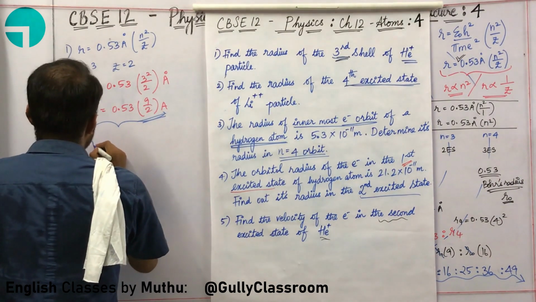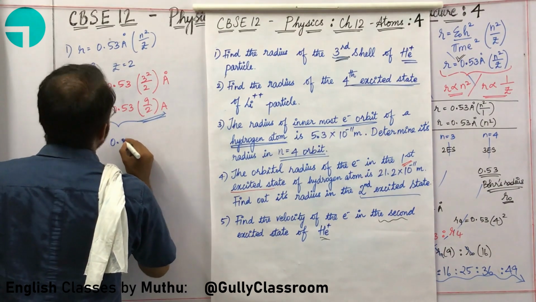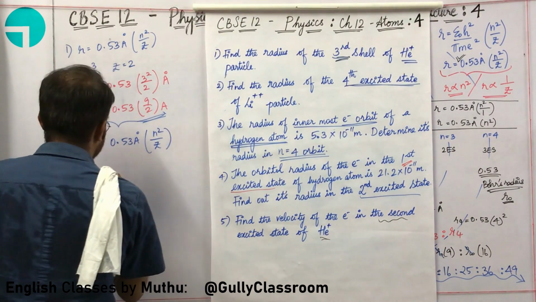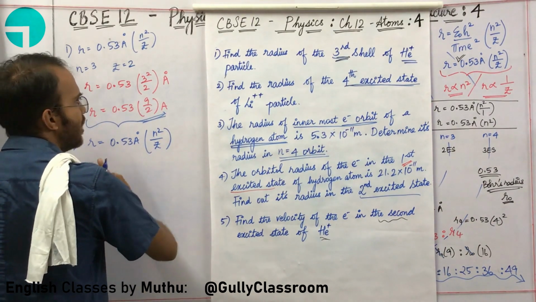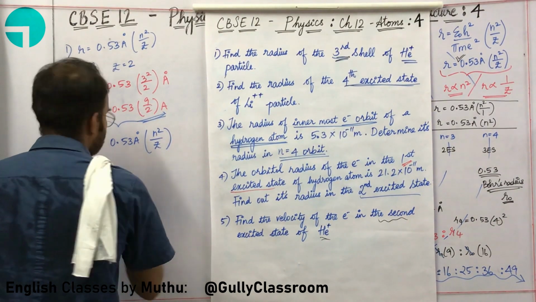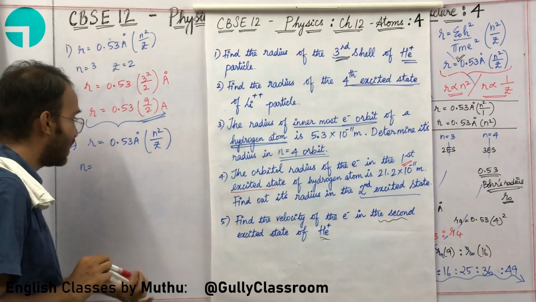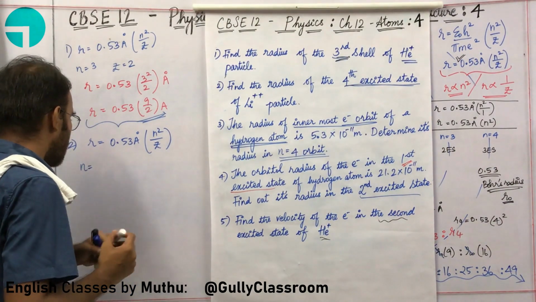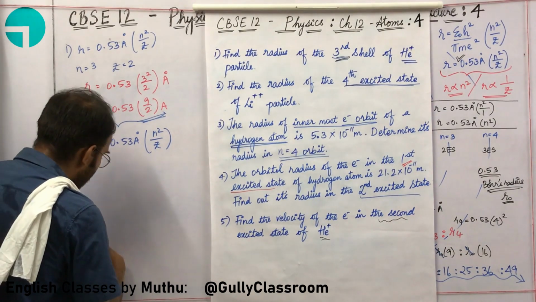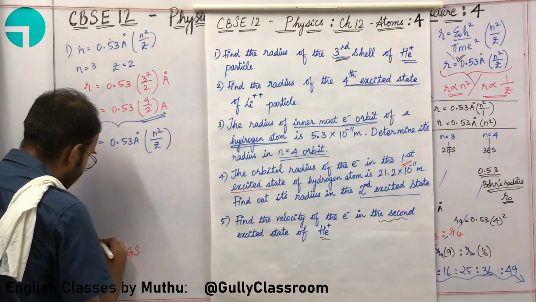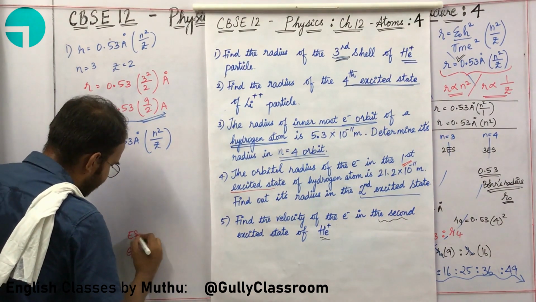Okay, the formula is R is equal to 0.53 angstrom n square divided by Z. What is the value of n here? They are asking for the fourth excited state. Let me try it here. For n equal to 1, we have the ground state. For n equal to 2, you have excited state 1.